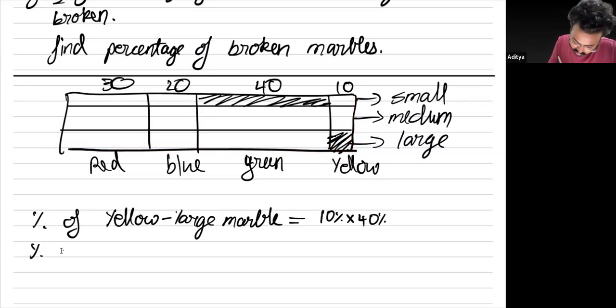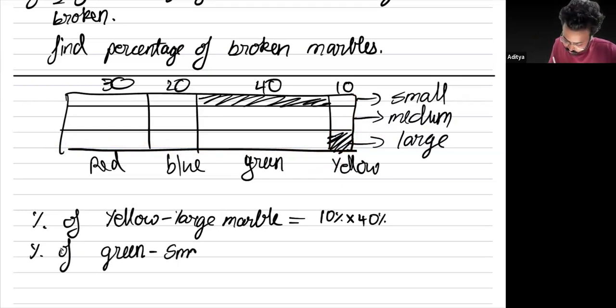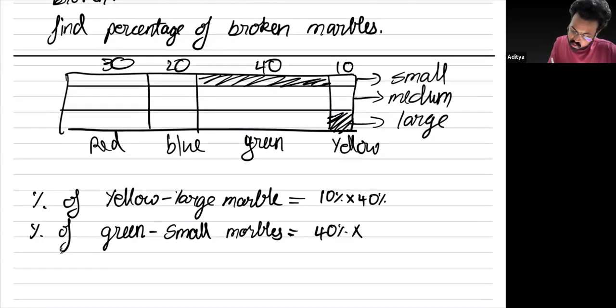And then you have percentage of green small marbles. Because of being green, it will be 40% multiplied by 20% for being small.